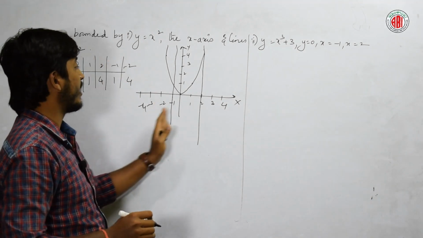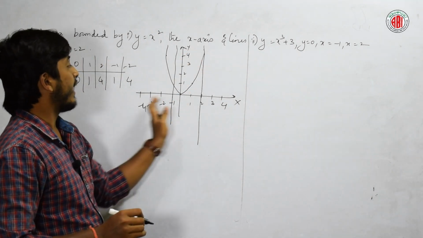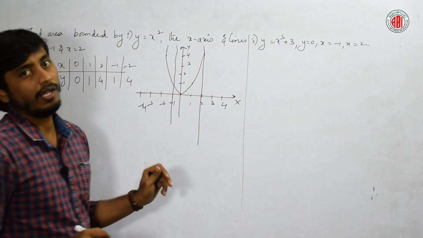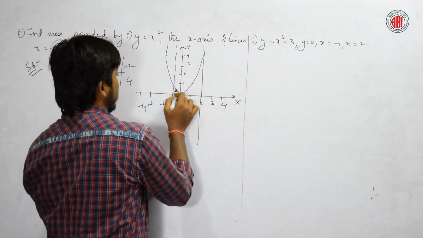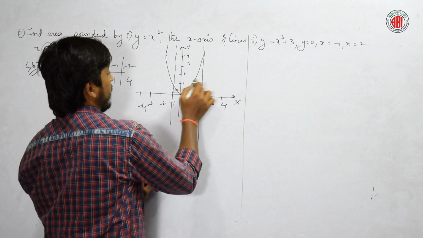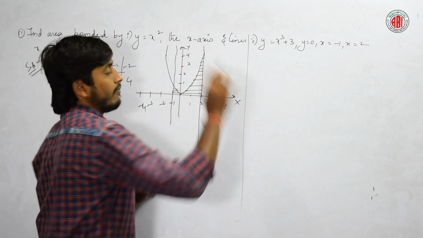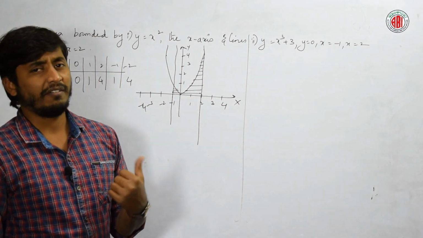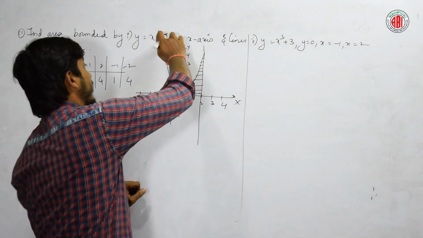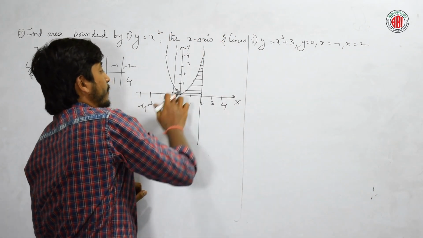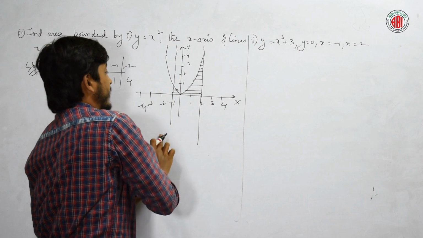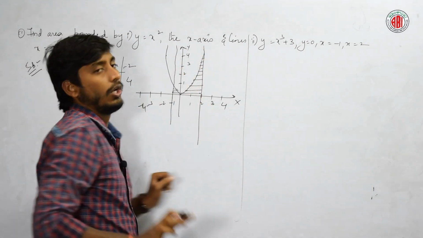Yes or no? From minus 1 to 2 with the x axis and with the parabola. He gave 4 conditions, that is this to this. Right, did we cover everything or not? Just check it here. This is the parabola, this is x axis, this is x equal to minus 1, this is x equal to 2.